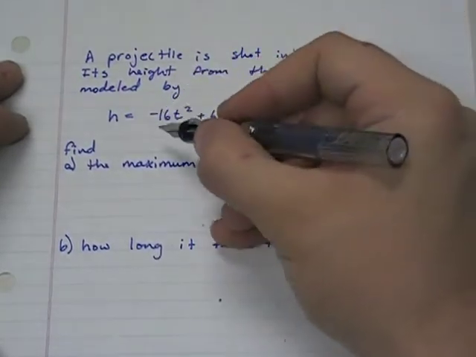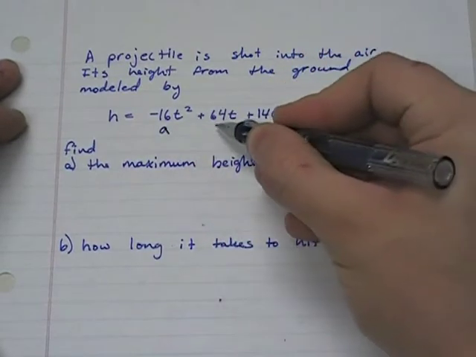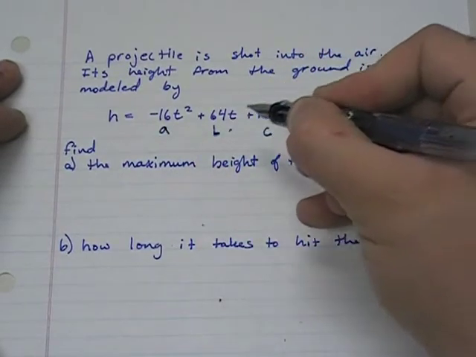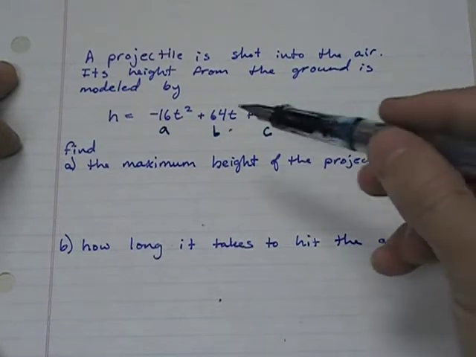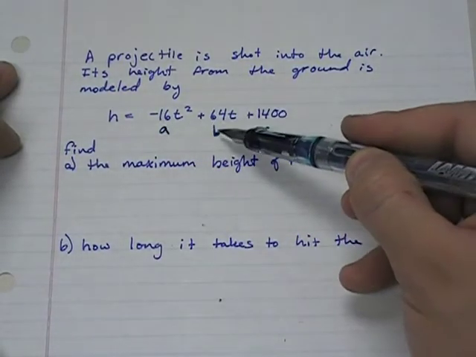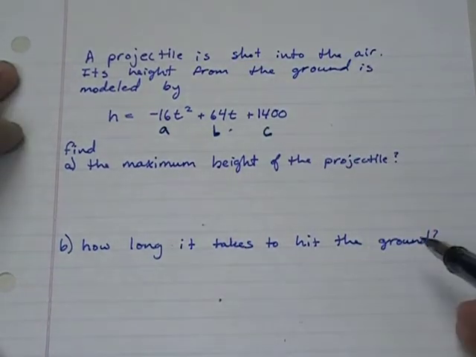And so if you think of the quadratic formula, this would be A, this would be B, and this would be C. Remember the old negative B plus or minus the square root of B squared minus 4AC all over 2A. So A would be the highest order term, B would be the middle term, and C would be the constant.